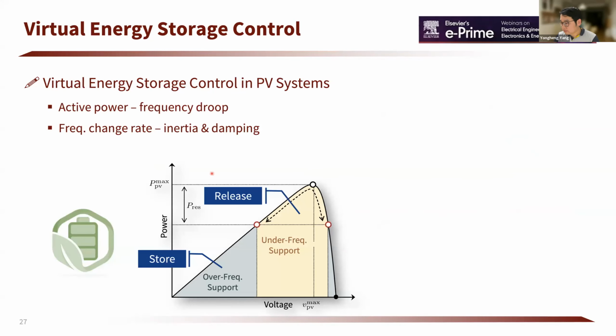In terms of virtual energy storage control for grid connected PV, we have developed this virtual energy storage control in PV systems. This is a way to contribute to grid stability by regulating its active power according to the frequency deviations. And we can also contribute to the frequency change rate that is related to the inertia and the damping.